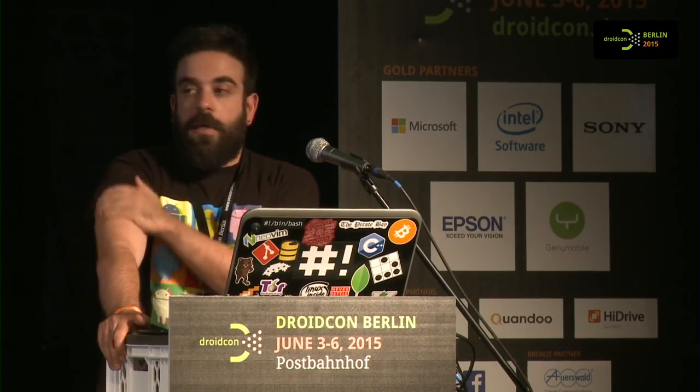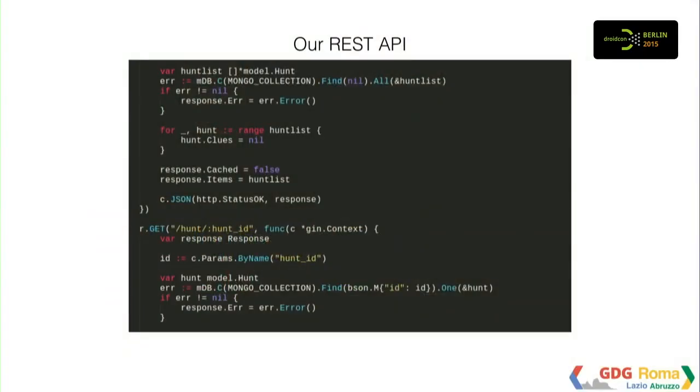Our REST app gives us a REST API to add an ant, add a clue to an existing ant, get a list of all ants, and get the detail of one ant.